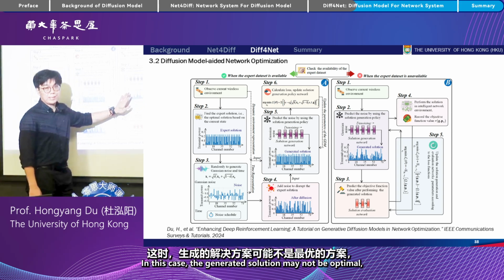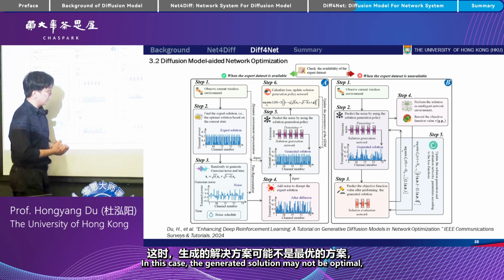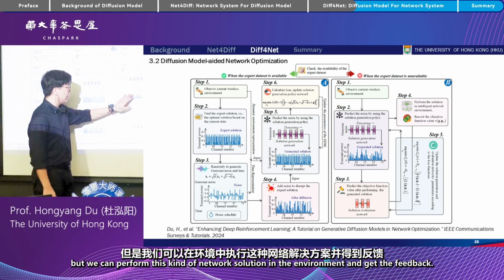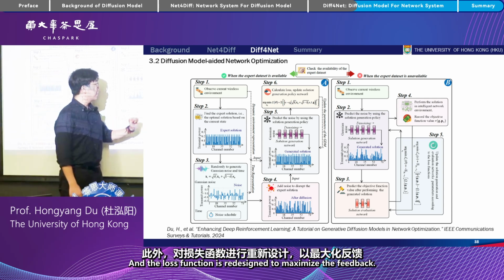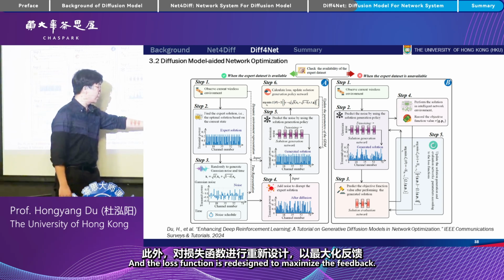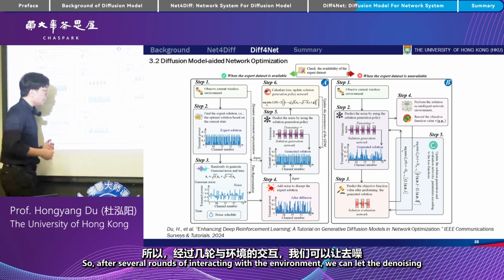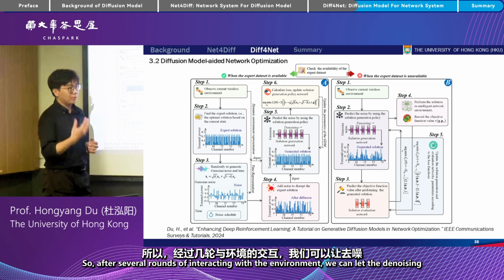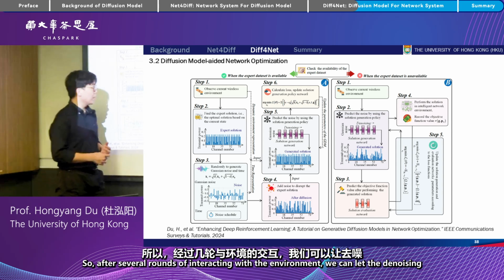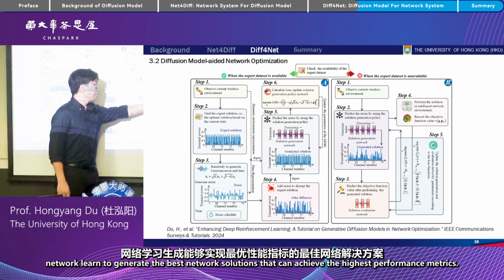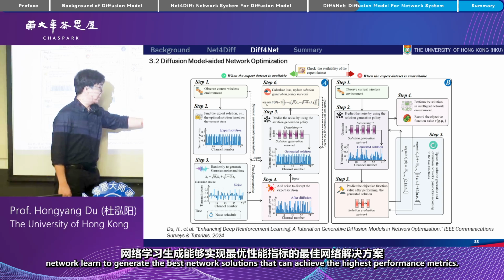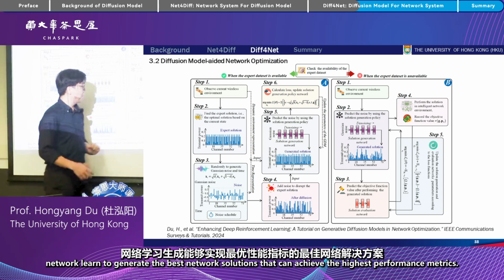In this case, the generated solution may not be optimal, but we can perform this kind of network solution in the environment and get the feedback. And the loss function is redesigned to maximize the feedback. So after several rounds of interaction with the environment, we can let the denoising network learn to generate the best network solutions that can achieve the highest performance metrics.